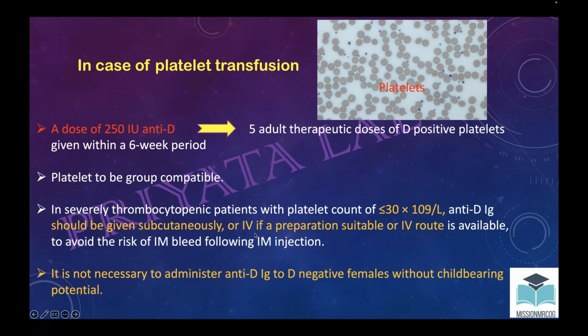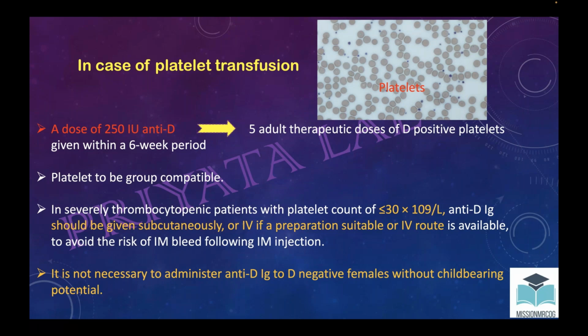But if the patient has no childbearing potential, anti-D is not required, because whatever anti-D we are giving to the mother of childbearing age, is so that we don't want the baby to have any hemolysis or hemolytic disease of the newborn.